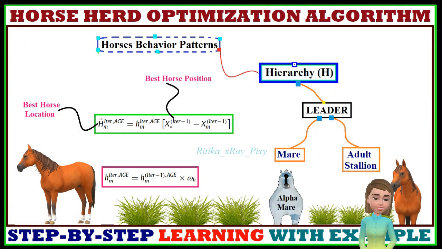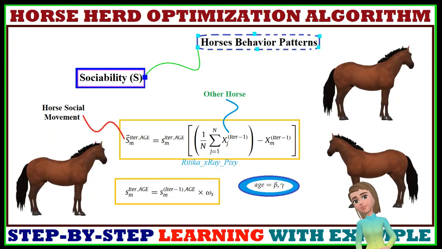As you can see here, this is the horse best location. Using this, we can calculate the horse best location, based on the horse's previous position. As we know, the horse is a social animal and lives a social life, and likes to mix with other herd animals such as sheep, cattle and others.